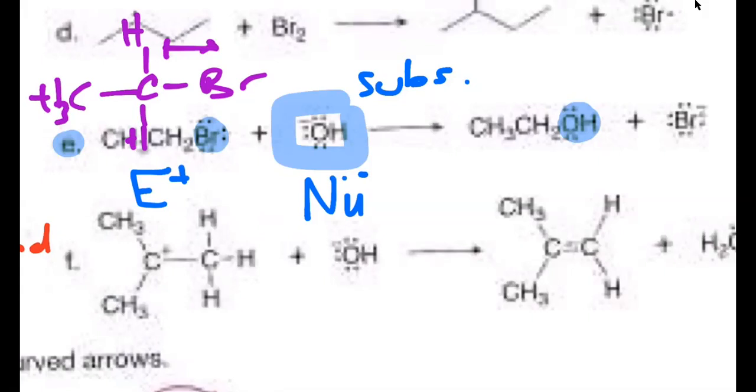Which one? Look at the OH. It's got 3 lone pairs. Is it electron rich or electron poor? Electron rich. All of your nucleophiles are electron rich functional groups.